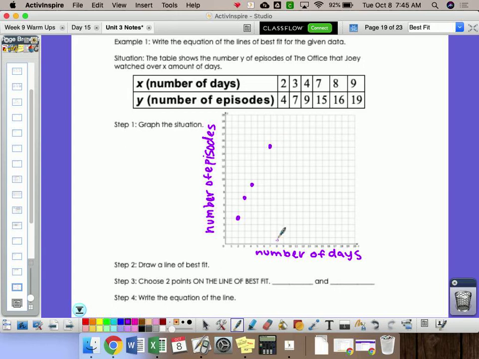At 8 days, I had 16. And then at 9 days, I had 19. So I can see that with this data, it's going up over time. So I would say we have a positive correlation.